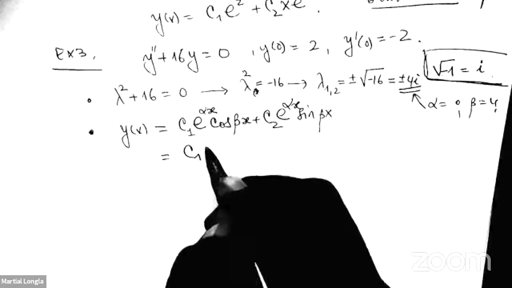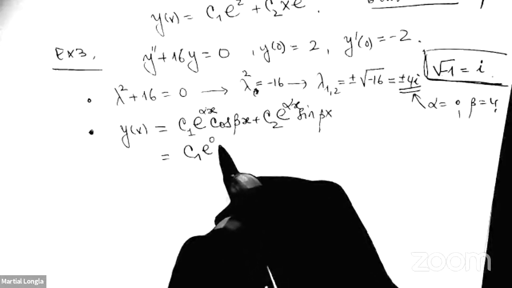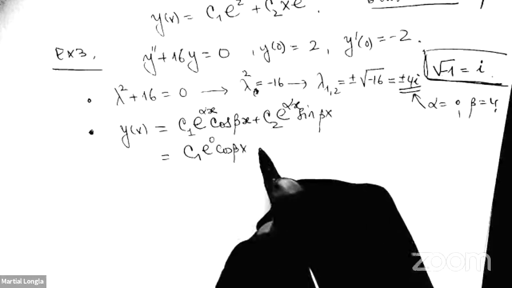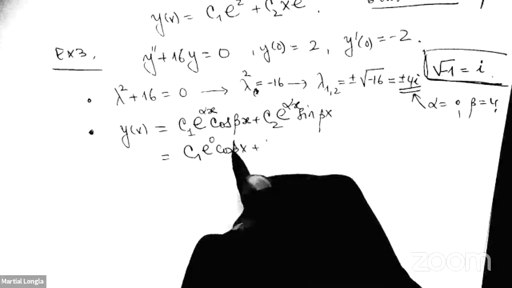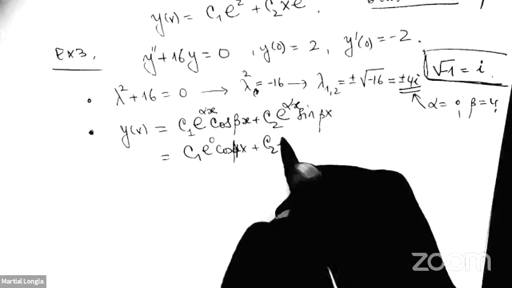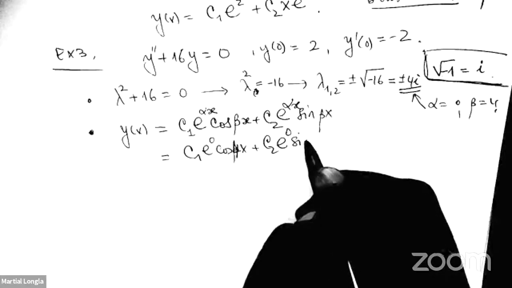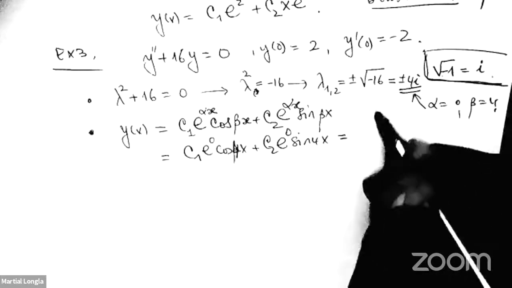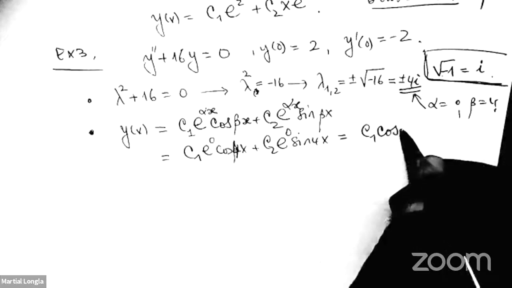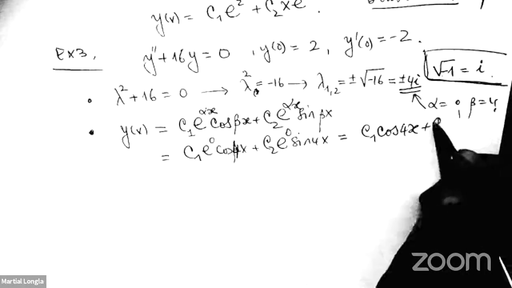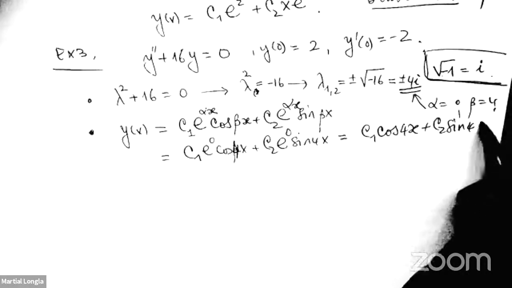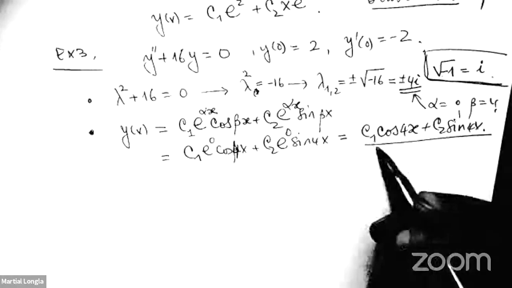C1 e to the 0 cosine beta x, and beta is 4. C2 e to the 0 sine 4x. And that gives you C1 cosine of 4x plus C2 sine of 4x. That's the final answer for that part.